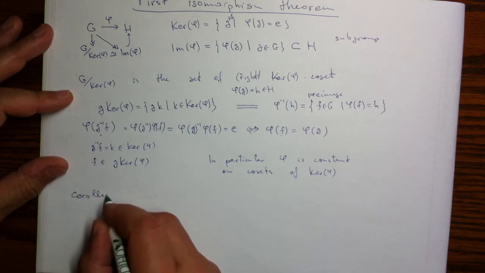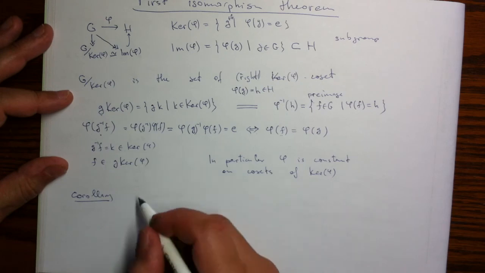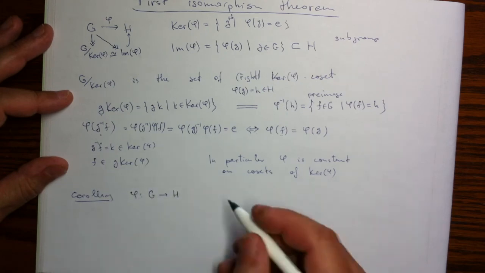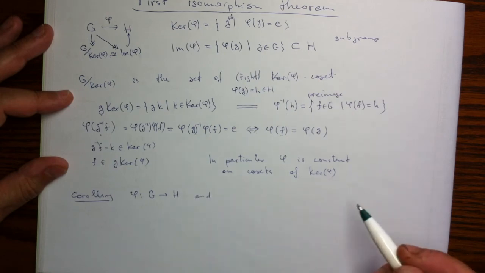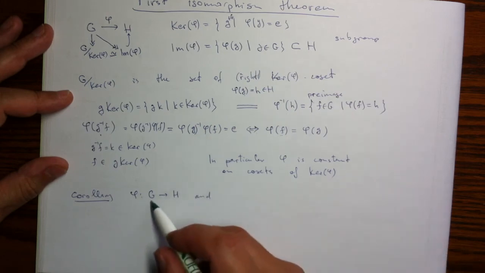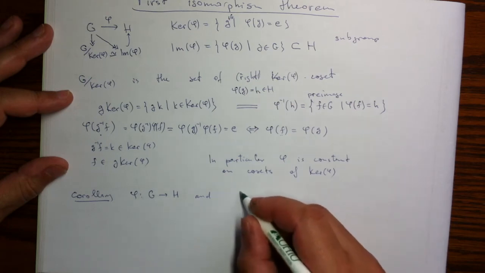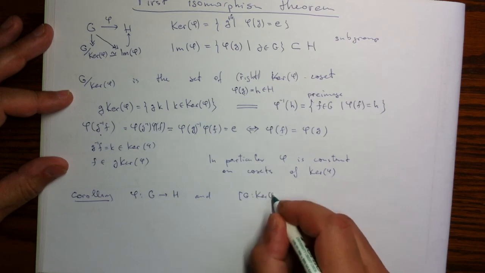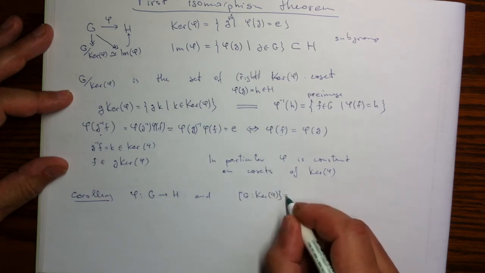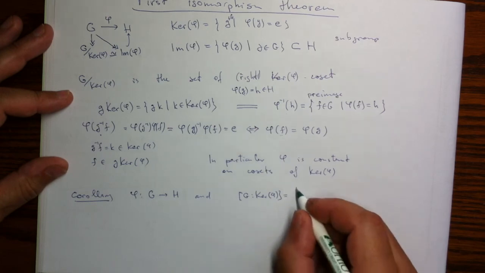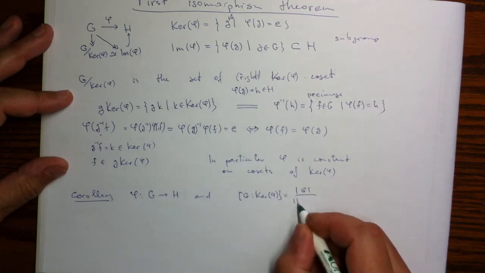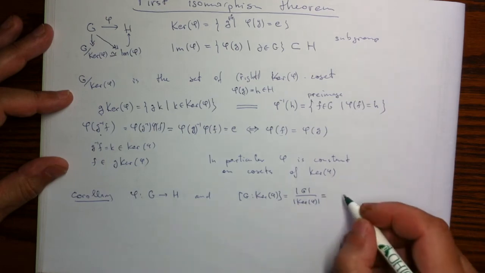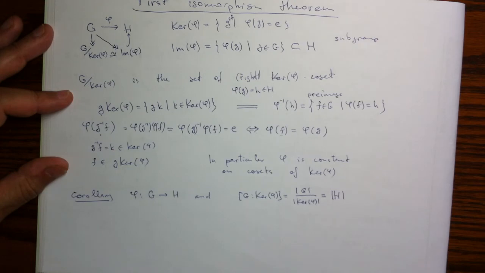So corollary as follows. Again, let's assume that we have two groups connected by a homomorphism, and assume that they're both finite, and the index in the source of the kernel, which is equal to the ratio of the orders, is also equal to the order of the target.